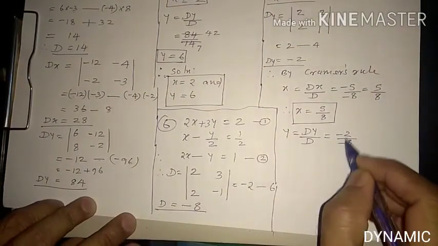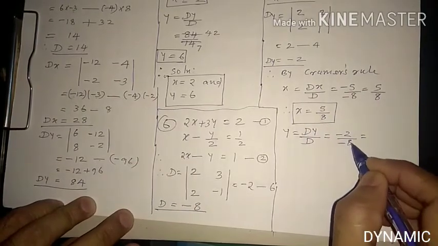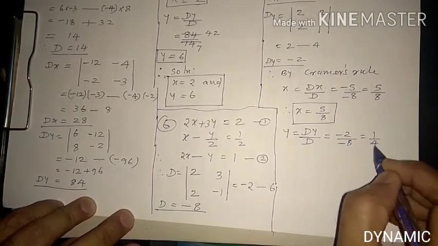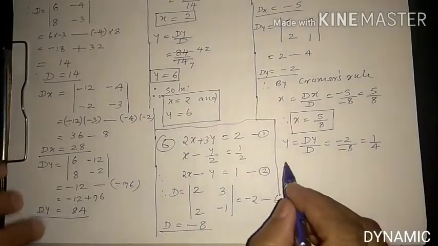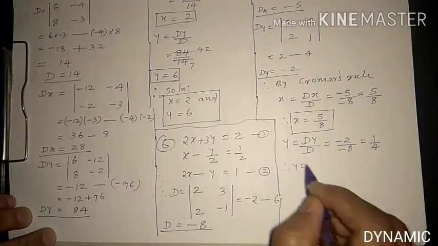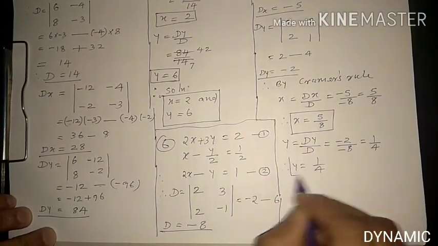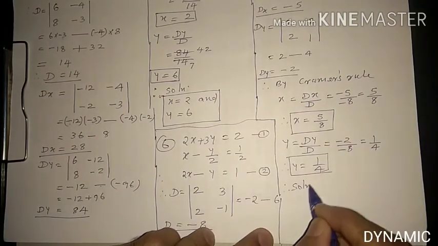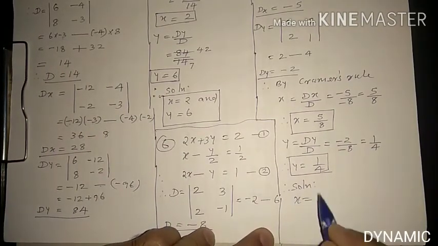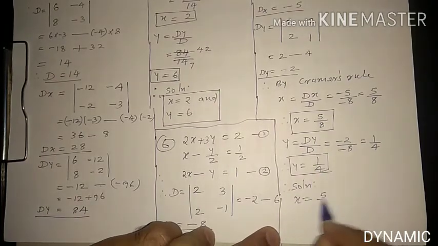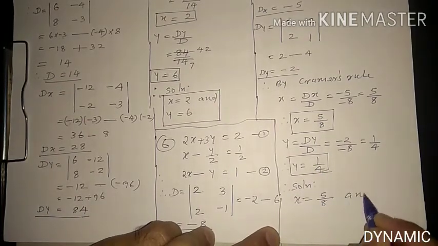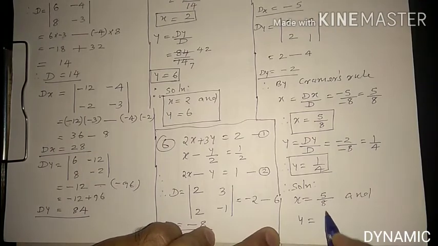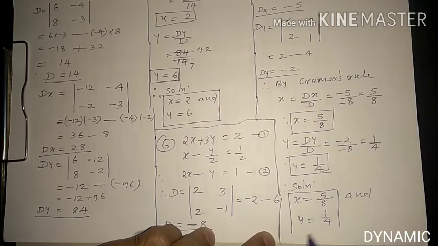Minus minus cancels. 1 to 4 twos, 1 by 4. Therefore, y is equal to 1 by 4. Then we conclude. Therefore, the solution: x is 5 by 8 and y is 1 by 4. This also we put in a box.